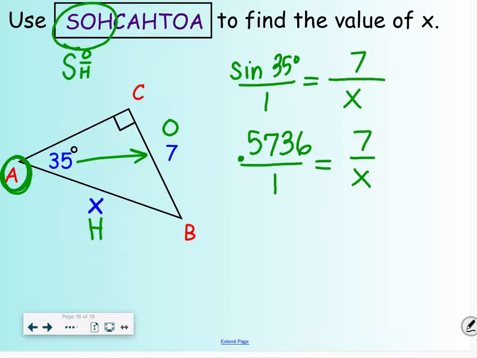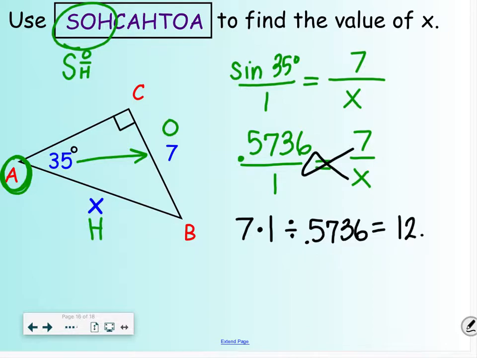So if we solve this one, our fish, 7 times 1, and then we would be dividing by the decimal. 7 times 1 is 7, divided by that decimal is 12.2.